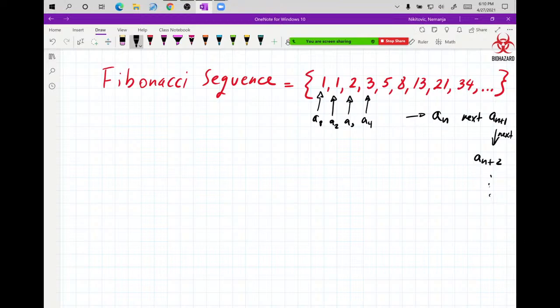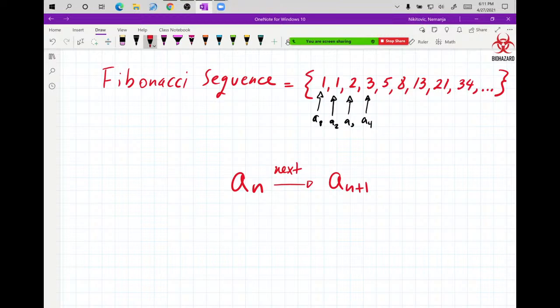Going on forever. It will be easier if I do this in bold and large. So next would be denoted as AN plus 1. Next is denoted as AN plus 2. But on this side, previous is denoted as AN minus 1. Previous, AN minus 2.